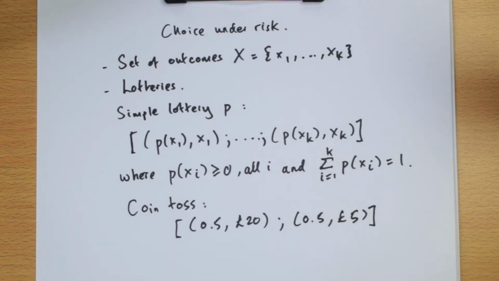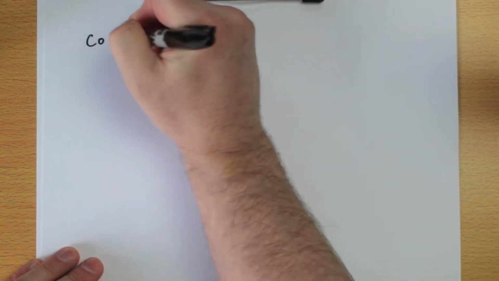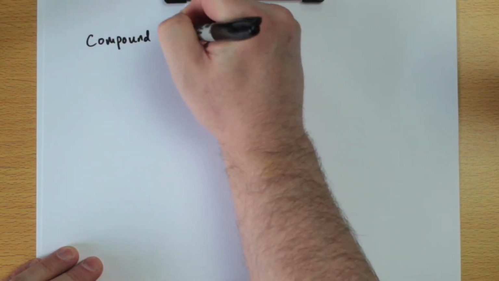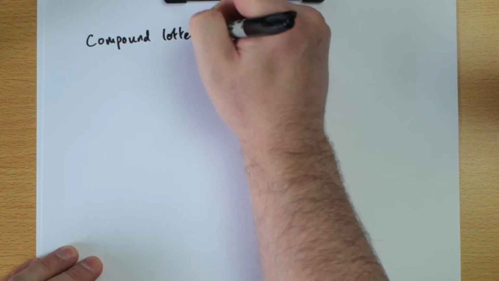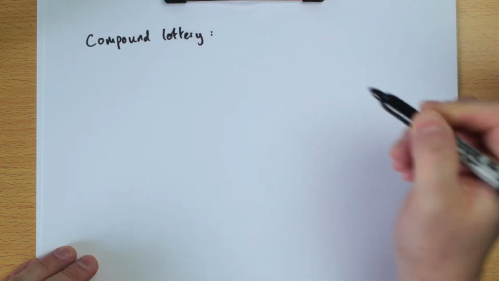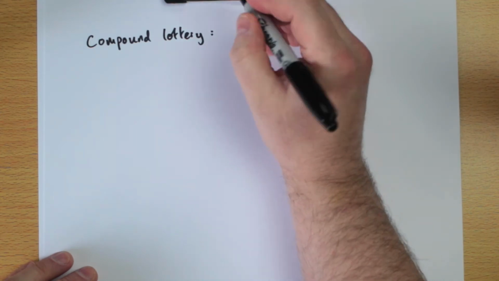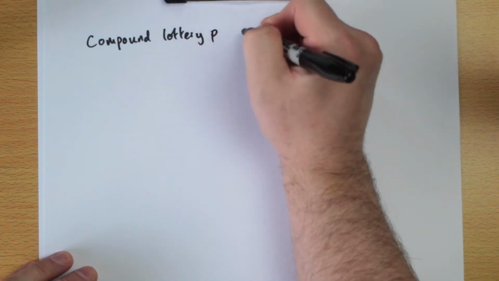Now the next type of lottery is called a compound lottery. Essentially, a compound lottery is a lottery where the prizes are lotteries. So let's write a compound lottery, using P again.